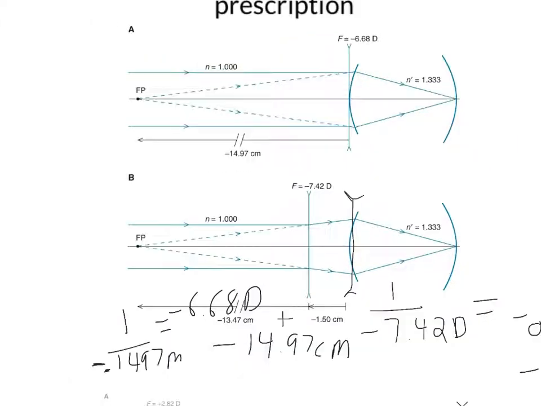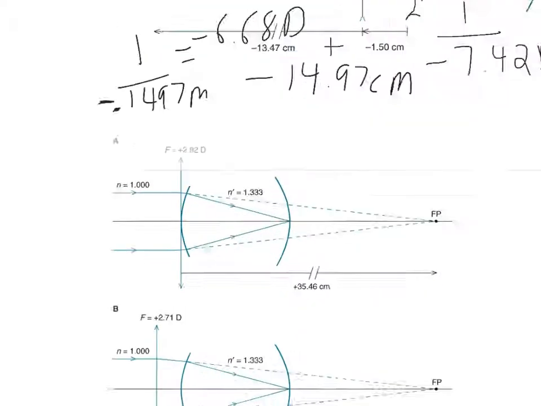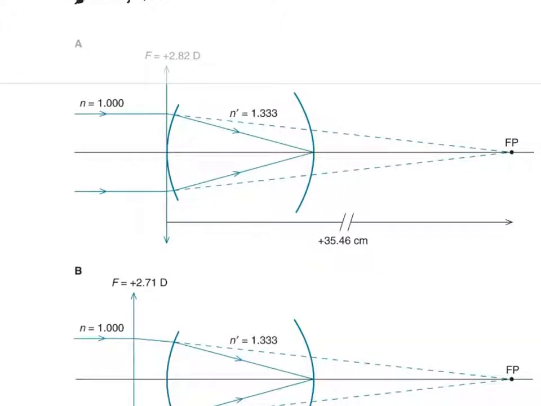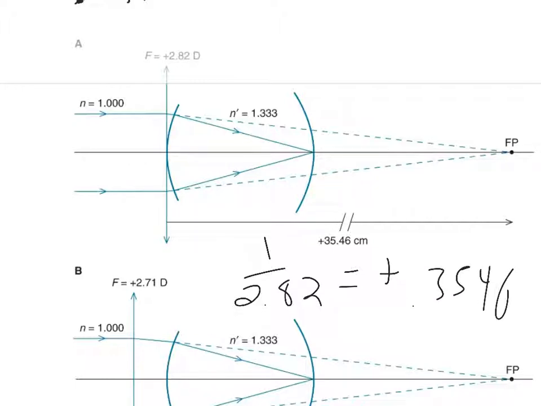Now let's go to a positive lens. Let's say the patient is wearing a positive 2.82 diopters. You do 1 over 2.82, and you get positive 0.3546 meters.